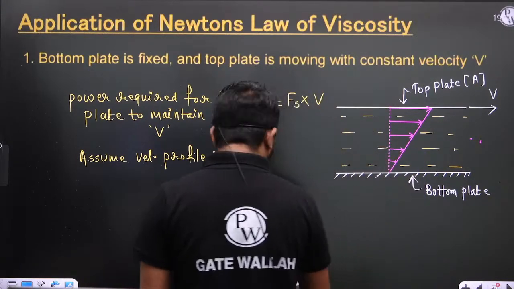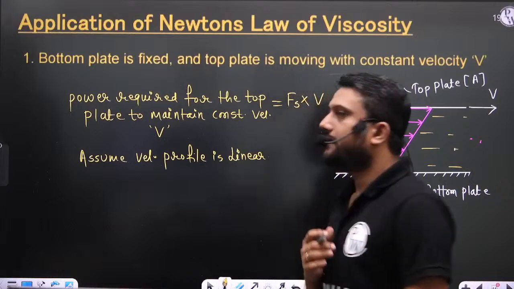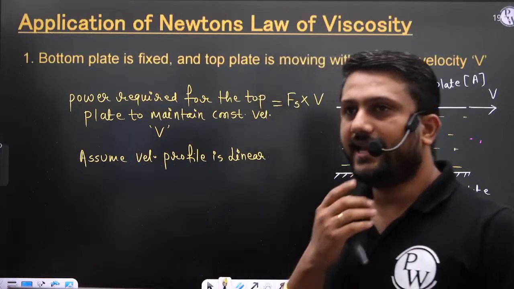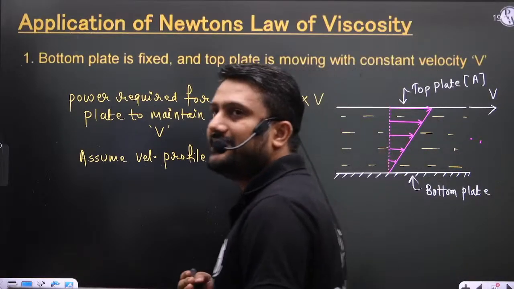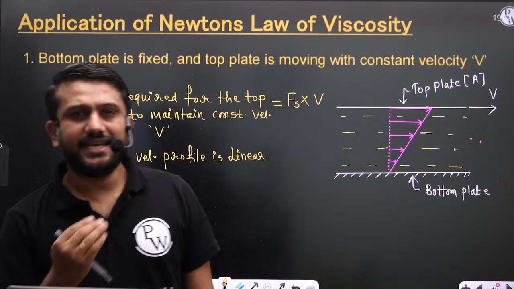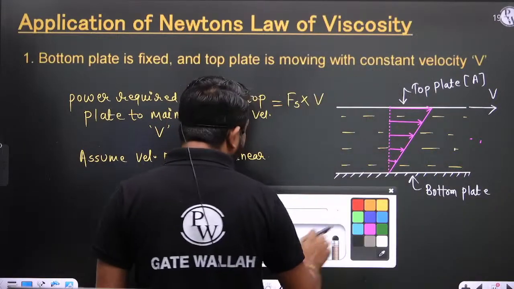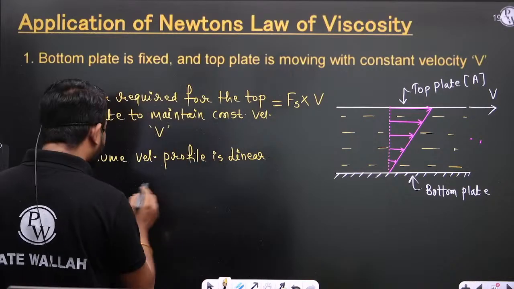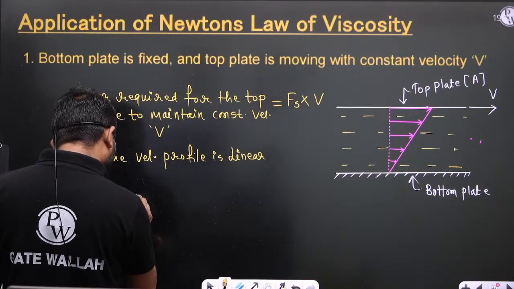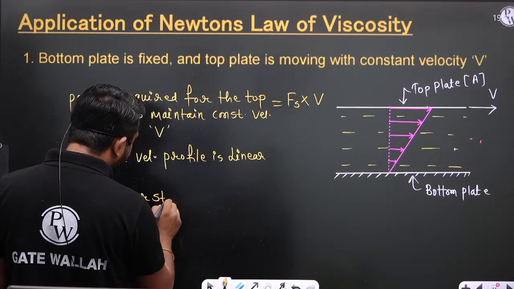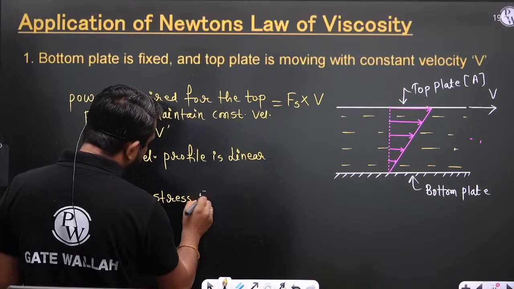Right? So if I ask you what is the shear stress experienced by the layer, since the velocity profile is linear, we can say each layer experiences the same shear stress. So calculate shear stress experienced by layers.